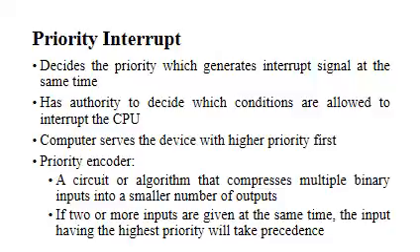Priority interrupt is a system which decides the priority at which various devices which generate the interrupt signal at the same time will be served by the CPU. The system has authority to decide which conditions are allowed to interrupt the CPU while some other interrupt is being serviced.